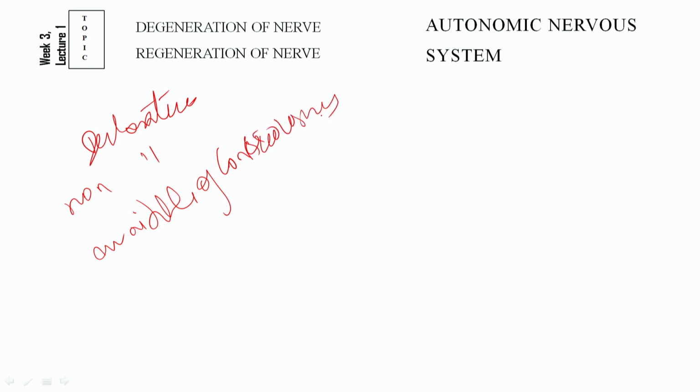Whereas the implicit memory is not available to consciousness. Whatever memory you gain unconsciously comes under implicit memory, and conscious memory comes under explicit memory.